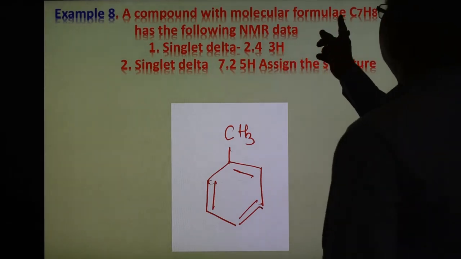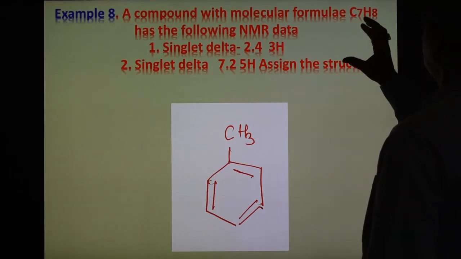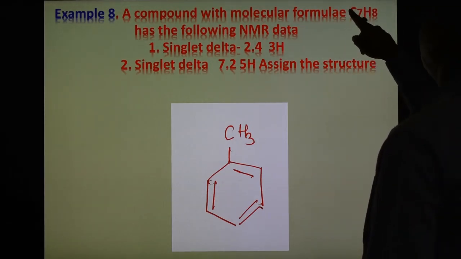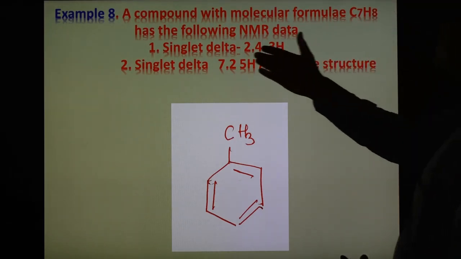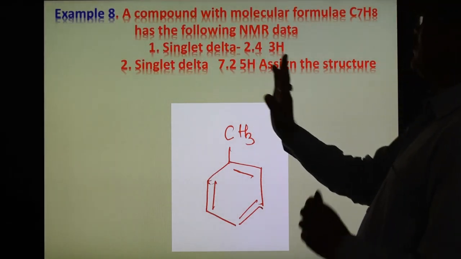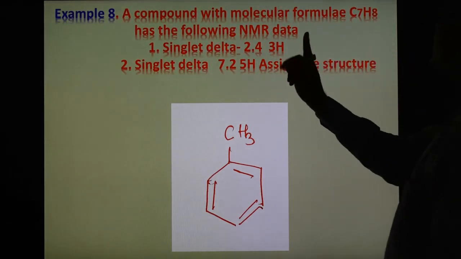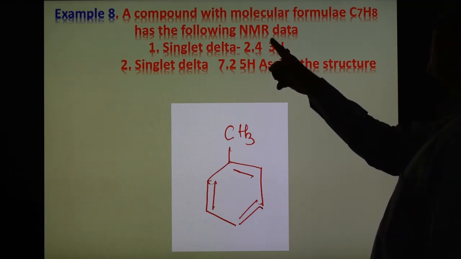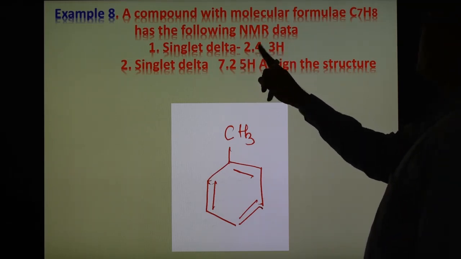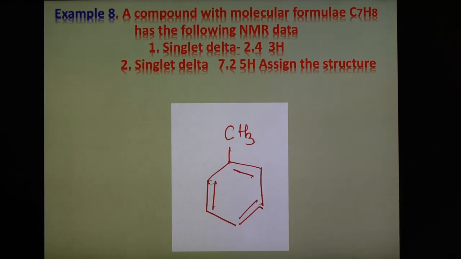So now the formula is C7H8. Remember C7 means 6 carbons are in the ring and 1 more is there, and H8. Both signals given are singlets. So there are 2 groups: one is a singlet of 3H and the other is for 5H. So the answer is the benzene ring and CH3.